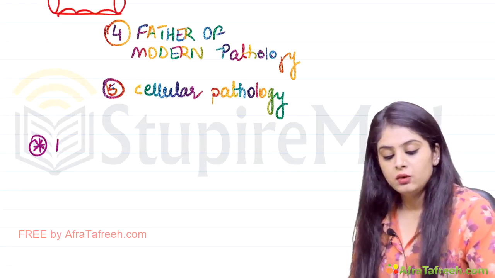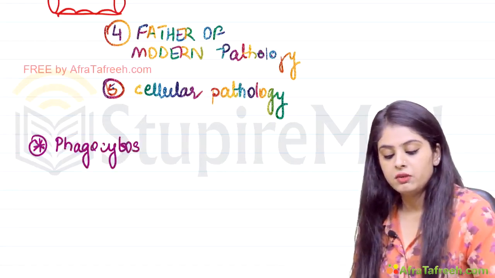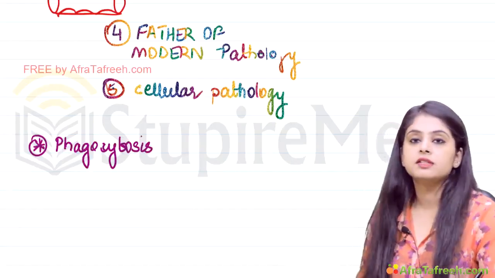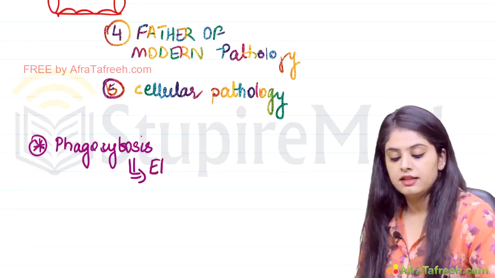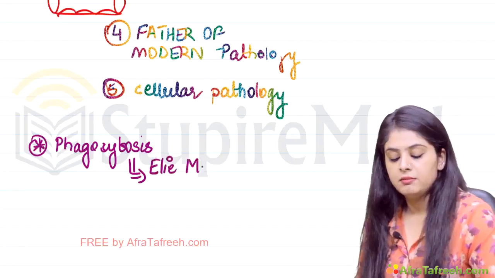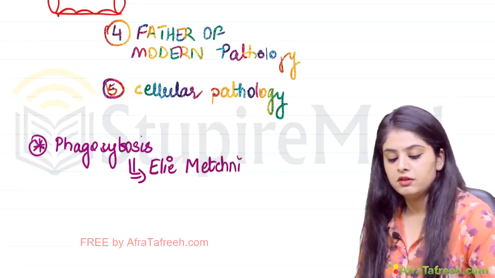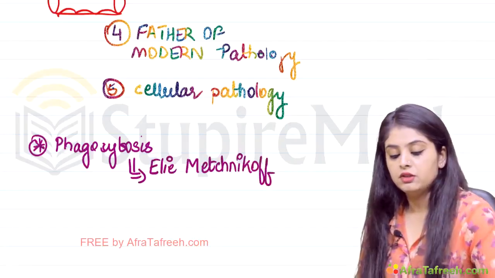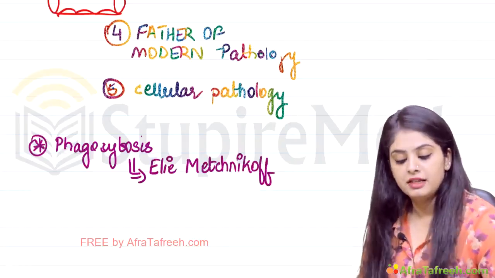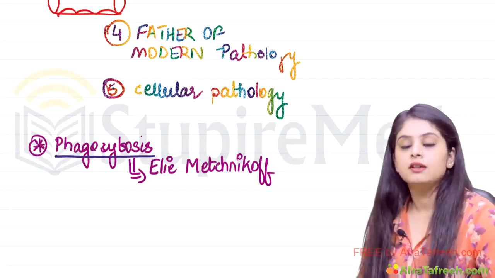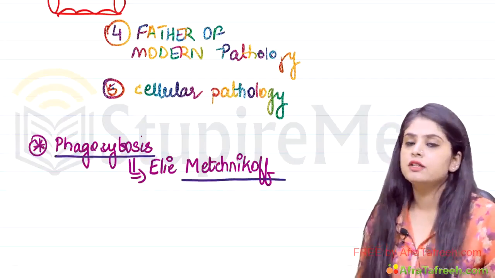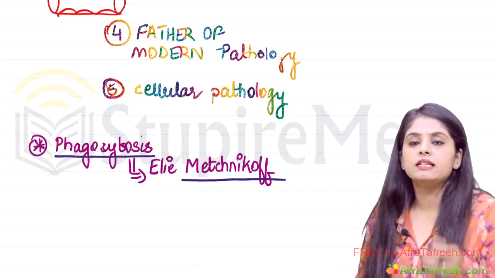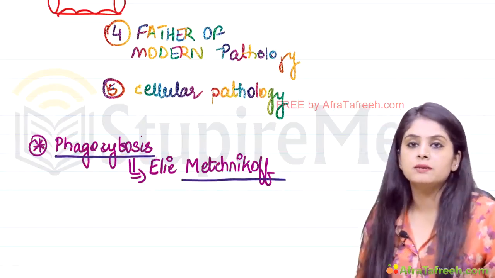Phagocytosis was given by the scientist Elie Metchnikoff. As big as the name phagocytosis, so big is the name of the scientist, Metchnikoff. Again, a straightforward one-liner, a multiple-time repeat question.